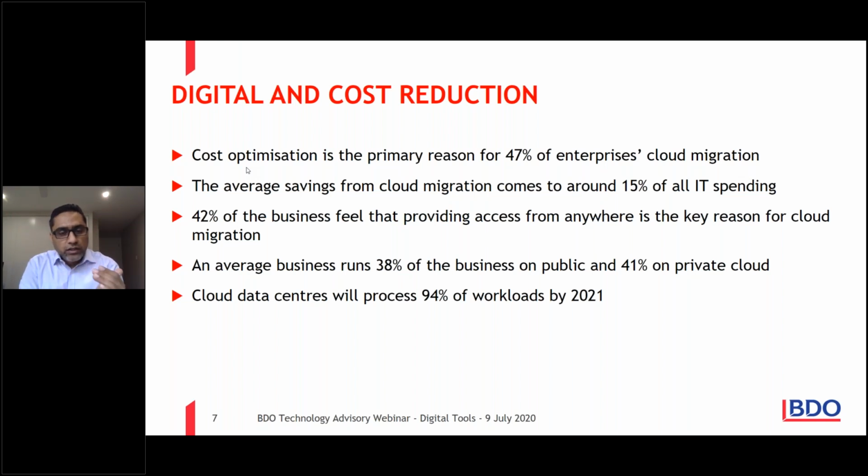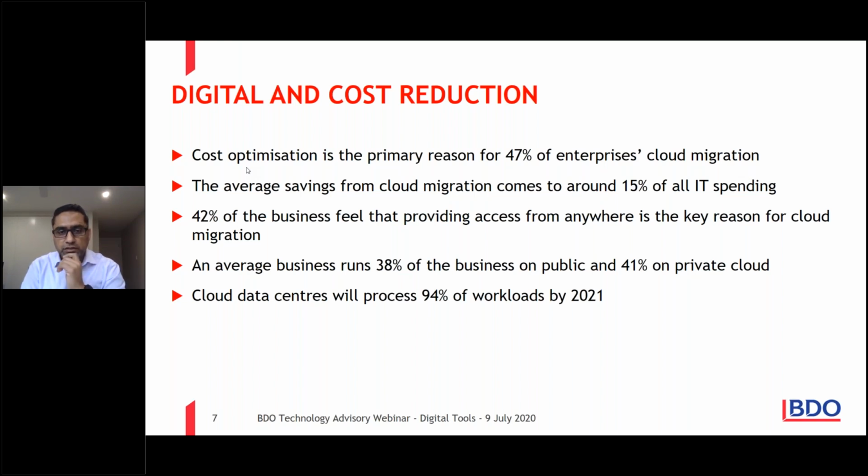Now, one is the cost, and the second part is the operational efficiency side of it, where the insights tell us that 42% of the businesses feel that providing access from anywhere is the key part of cloud migration, and that access leads to operational efficiency also. Now, there is a trend towards cloud adoption, but how the businesses are taking that cloud adoption is slightly different.